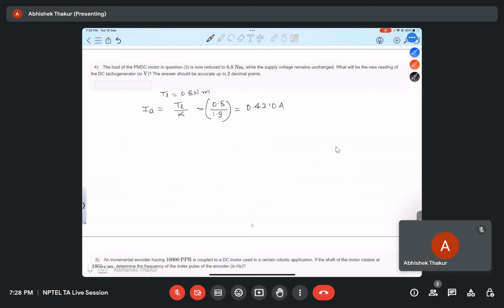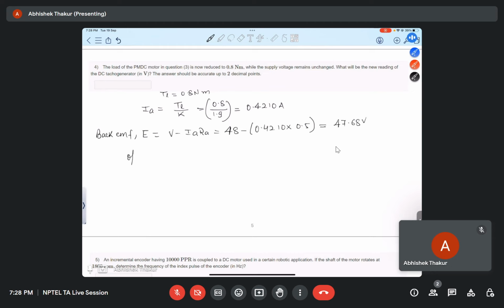Back EMF E is equal to V minus IA RA. So this will be 48 minus 0.4210 times RA, and RA is given as 0.5 ohm. After calculating, we'll get 47.68 volt.